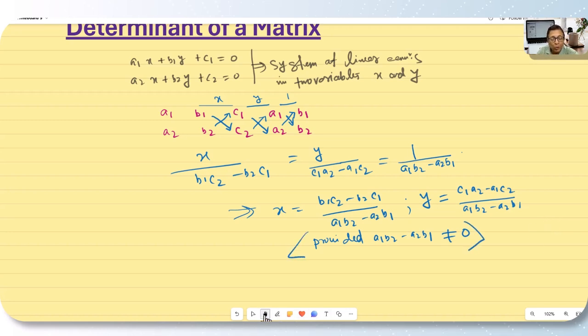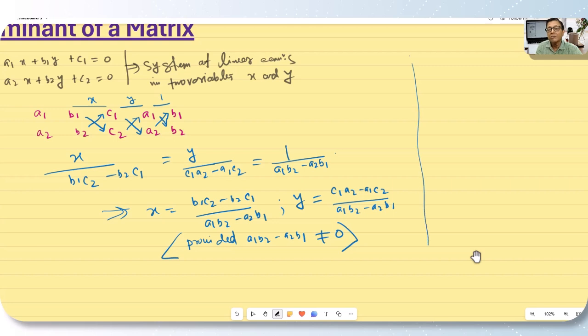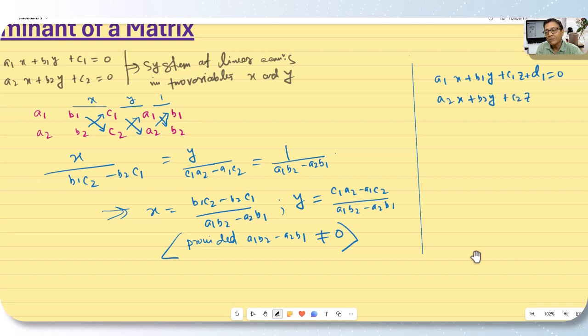But have you ever thought that this method is not going to work if we have a system of three linear equations, a1x + b1y + c1z + d1 = 0, a2x + b2y + c2z + d2 = 0, a3x + b3y + c3z + d3 = 0, because we cannot so easily find the values of x, y, z.